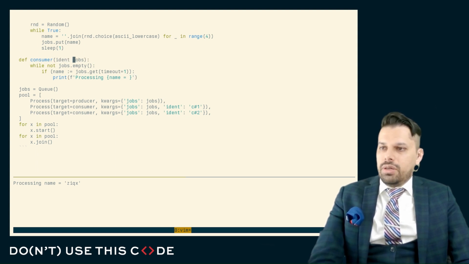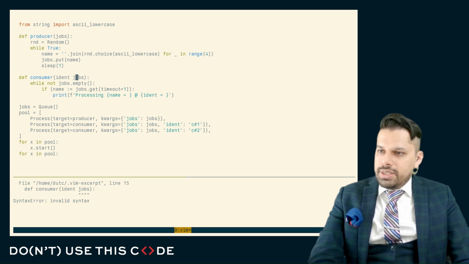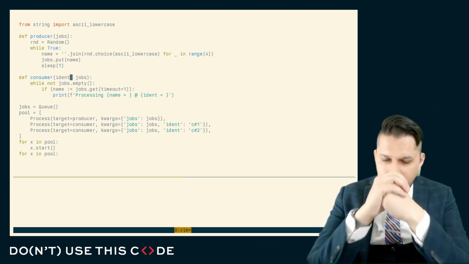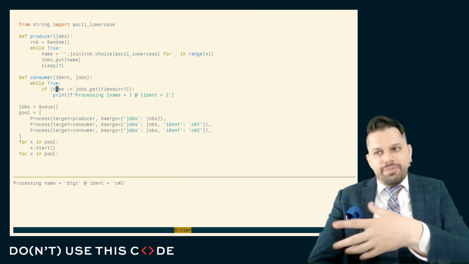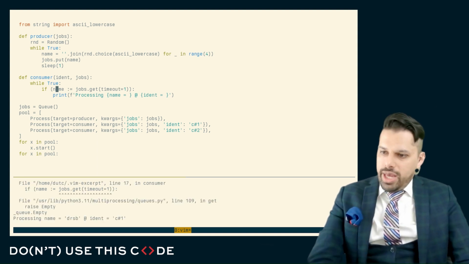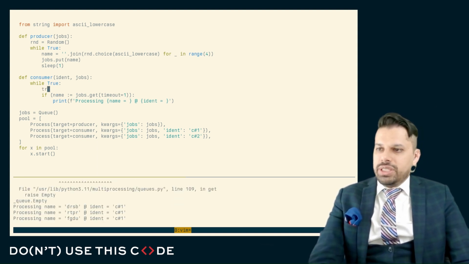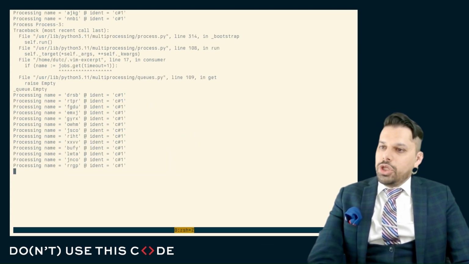Now let's see what we did wrong. Oh, and of course we actually need to do this as a while True. Otherwise, the moment the thing is empty, these consumers terminate. So we'll just do this as a while True like that. Okay, very good. Here, this actually doesn't give us a None value. This actually will raise an exception, a queue Empty.